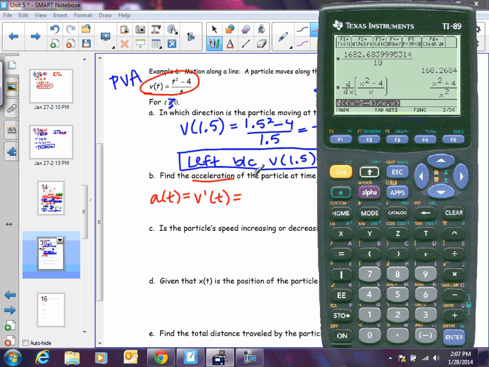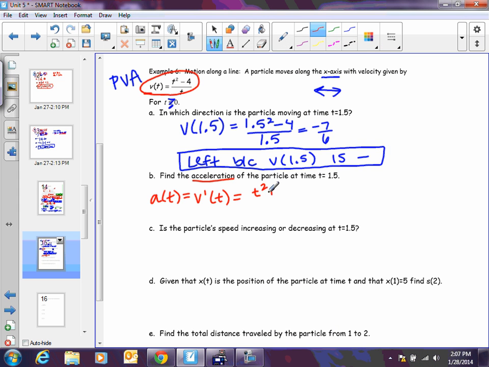How would you derive this by hand? Quotient rule. Any other ways? I could separate this out into being t minus 4 over t. You bring t to the top. I can bring t to the top and do product rule. You have a lot of options here. So if one thing seems difficult, try something else.